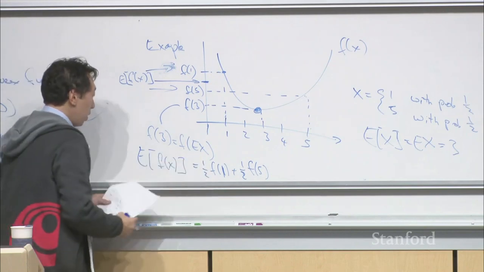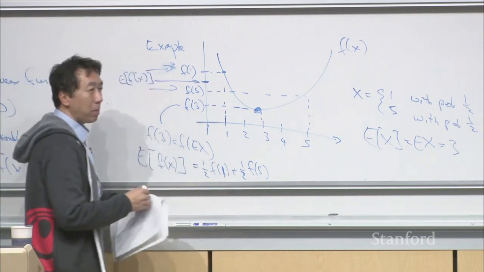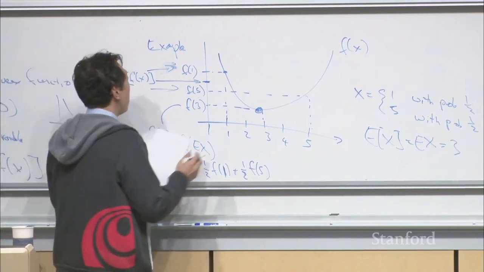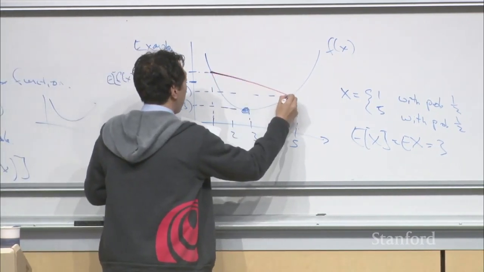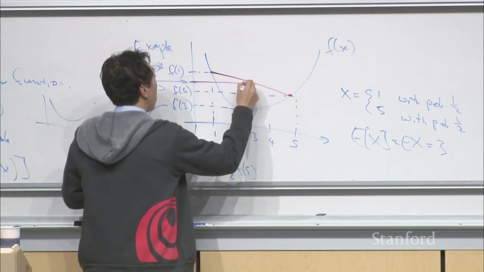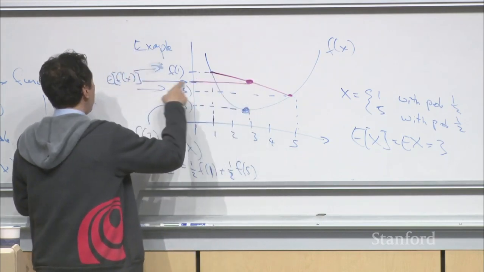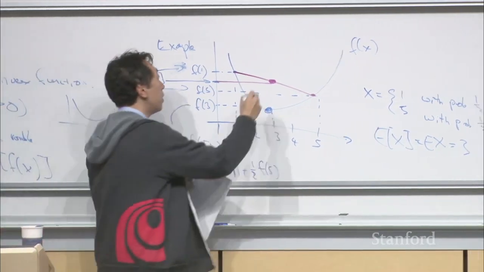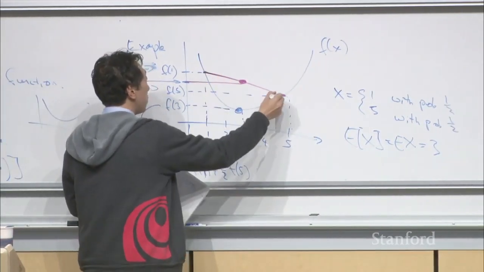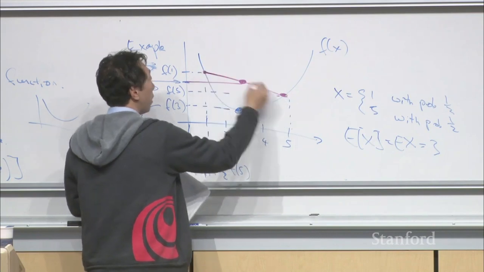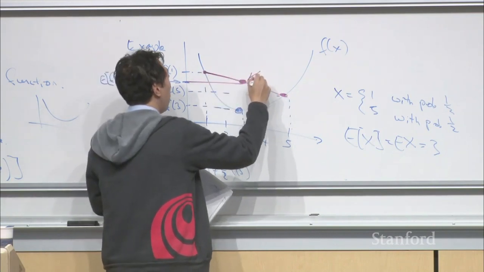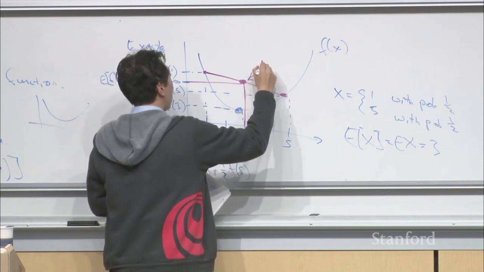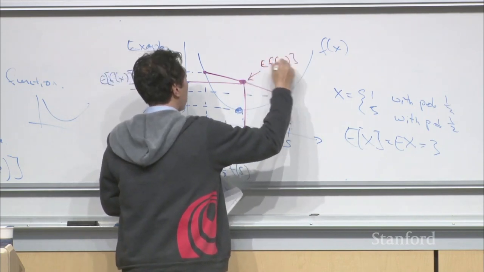I'm going to just draw one illustration that may or may not help. Some of my friends like it. I sometimes use it, but if it's confusing, then don't worry about it. But it turns out that if you draw a line that connects these two, then the midpoint of this line is the height of the expected value of f of x. So given these two points, if you draw this line, it's called a chord, then the height of this point is the expected value of f of x.